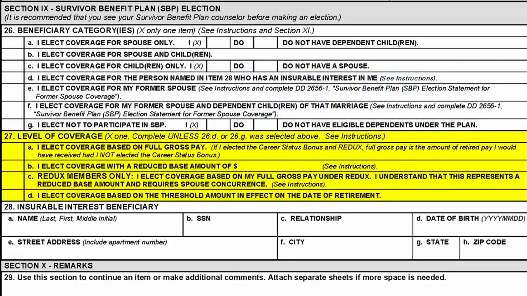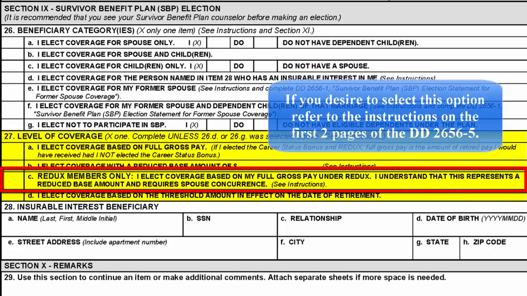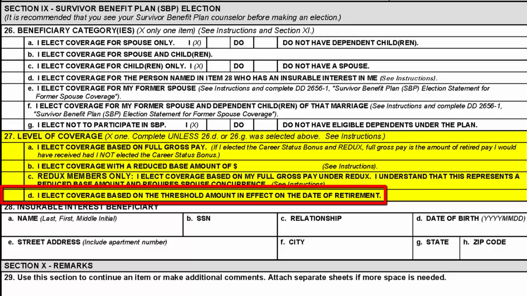On 27, level of coverage C, Redux members only, I elect coverage based on my full gross pay under Redux. I understand that this represents a reduced base amount and requires spouse concurrence. If you would like to choose that option, please see the instructions in the DD 2656. In 27D, I elect coverage based on the threshold amount in effect on the date of retirement.